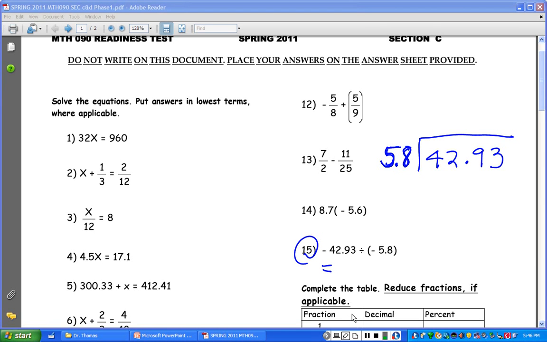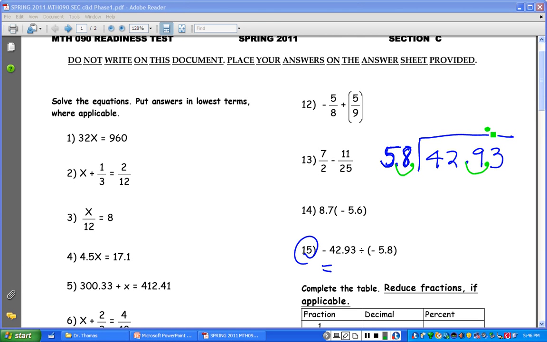So we will move the decimal one place to the right, because that would make this number 58, a whole number. So as many times as you move it in the divisor, you must move it in the dividend. So you moved it once here, you must move it once in the dividend. Go ahead and line your decimal up right here.